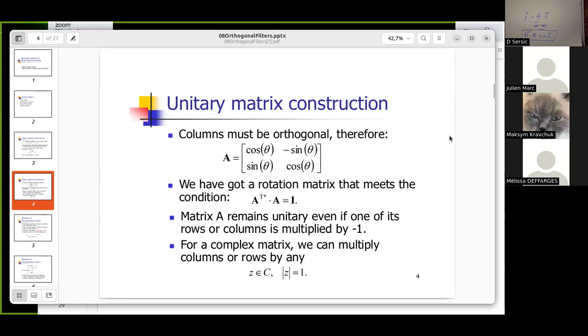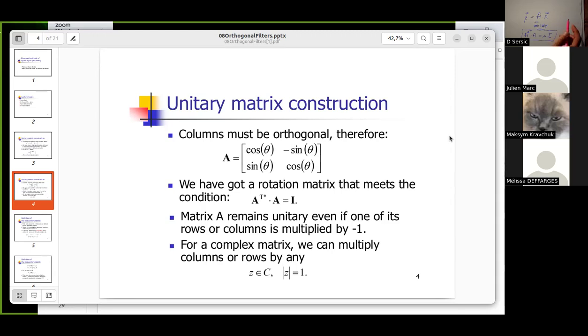You can check that such a matrix will remain unitary if you multiply one of its rows or columns by, for example, -1. Nothing is going to happen. It will remain orthogonal.